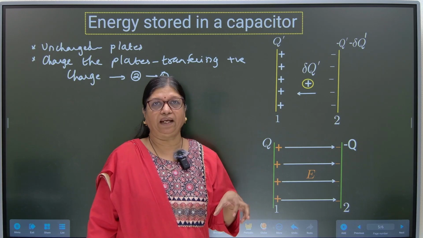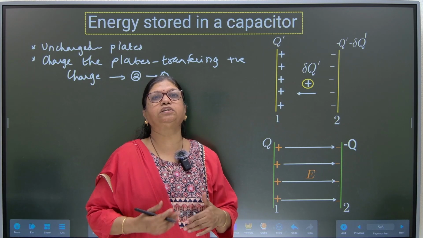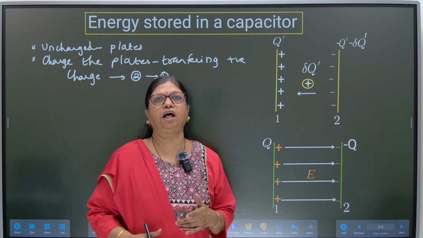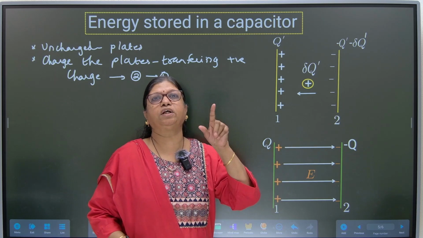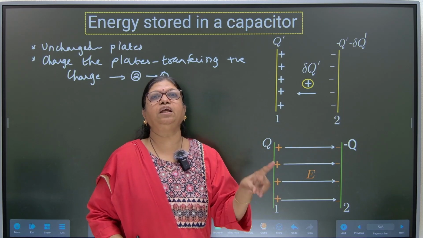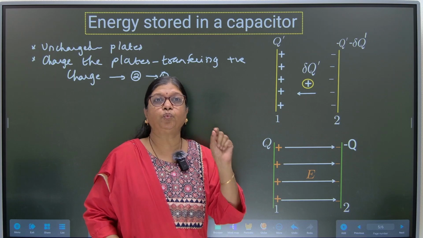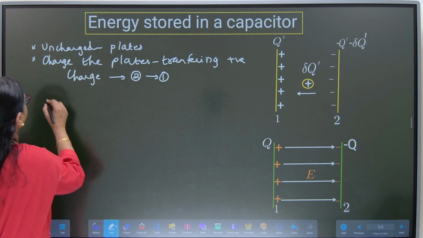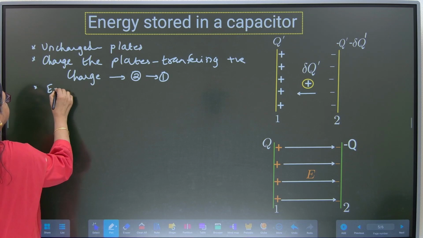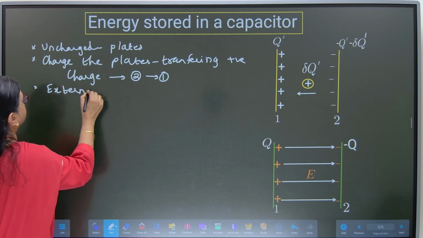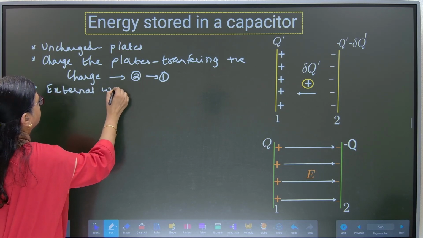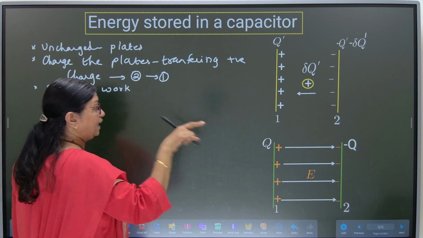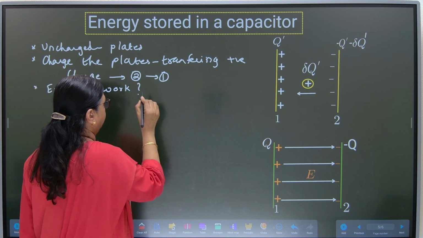Fine. And in this process of transferring positive charge from the conductor 2 to the conductor 1, we have to do an external work. Why?